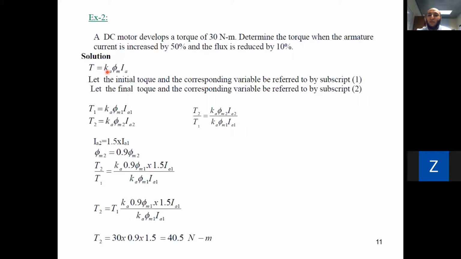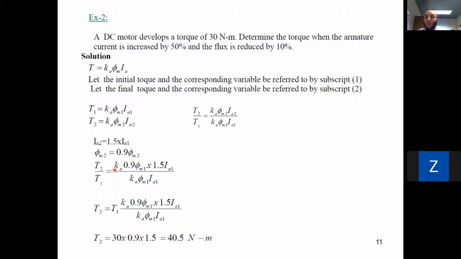So we can say, if we compare two cases together, T1 divided by T2 will equal phi1 or IF1 multiplied by IA1 divided by phi2 or IF2 multiplied by IA2. So this is for the two cases.